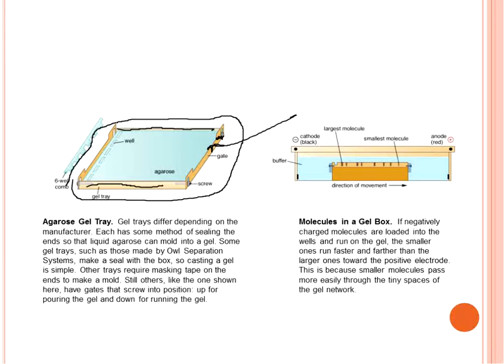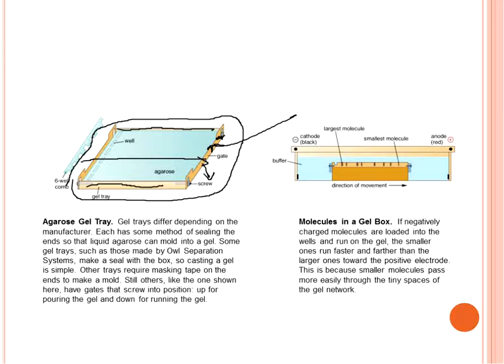But when you unscrew the screws, then this gate can fall down, and so you can have current moving through the gel. Is that making sense? So you will see it on Monday anyway.